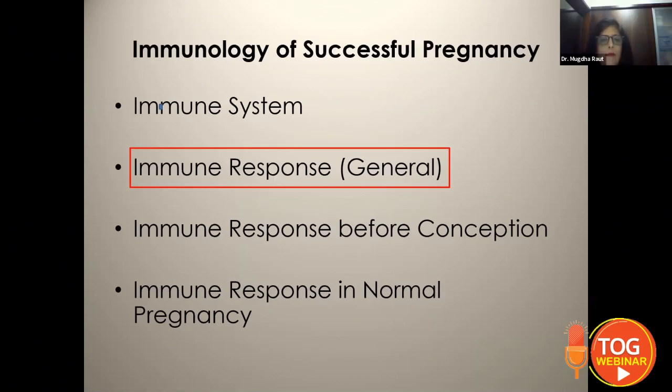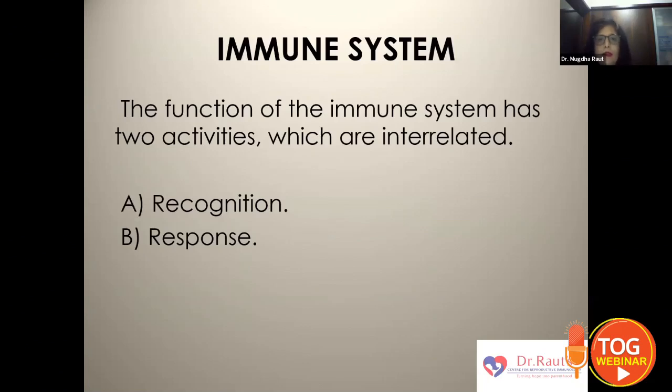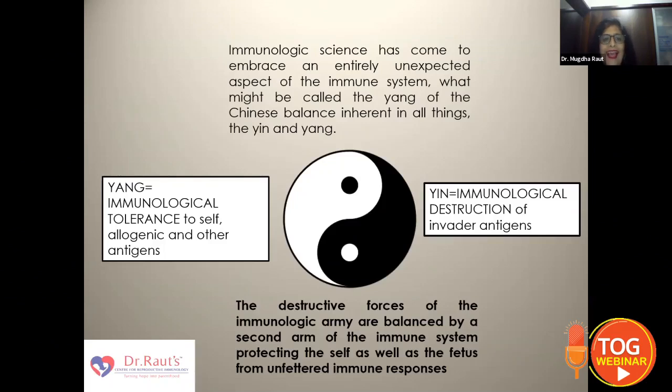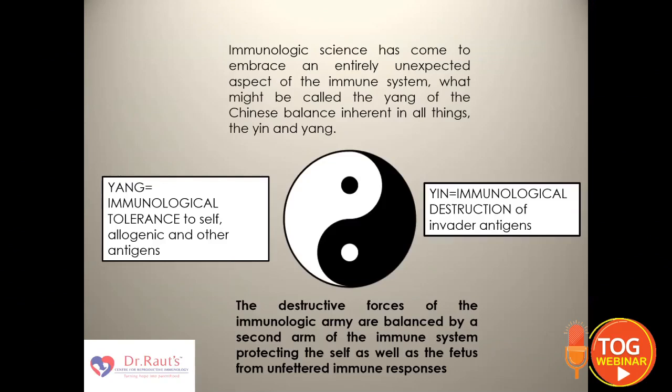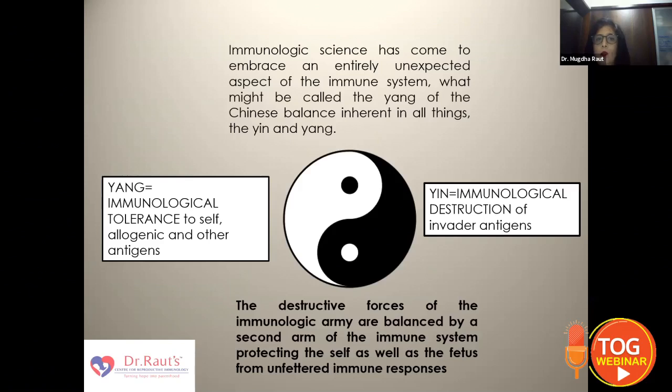So what is the immune response in general? We all know that the immune system has two responses. First is a recognition of the foreign antigen and second is the response. However, the immune system also has a second arm, which is like the yang of the Chinese balance of yin and yang.